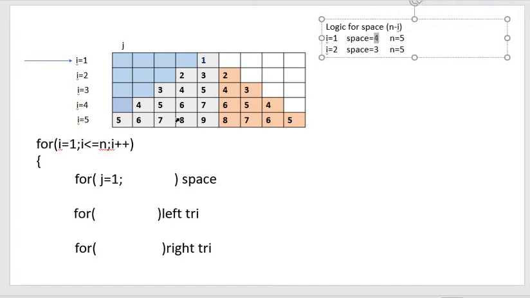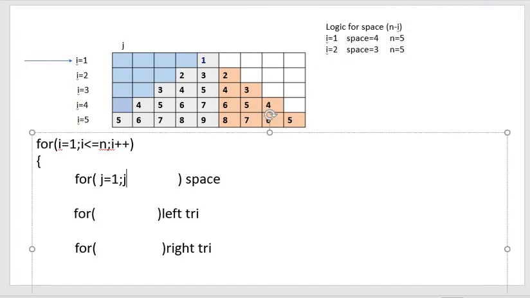So j is going for n minus I spaces, and every time j is incrementing. So j is equal to 1, j is less than or equal to n minus I, j plus plus. In this way you will print spaces.